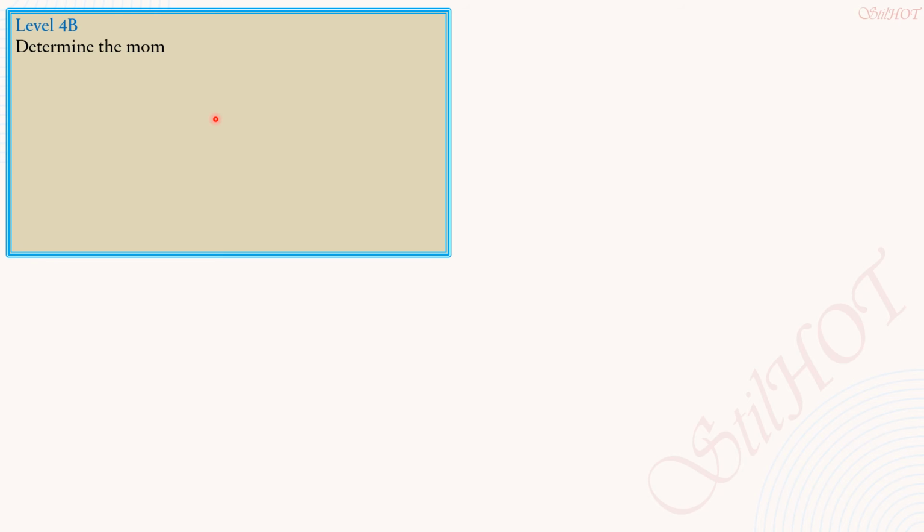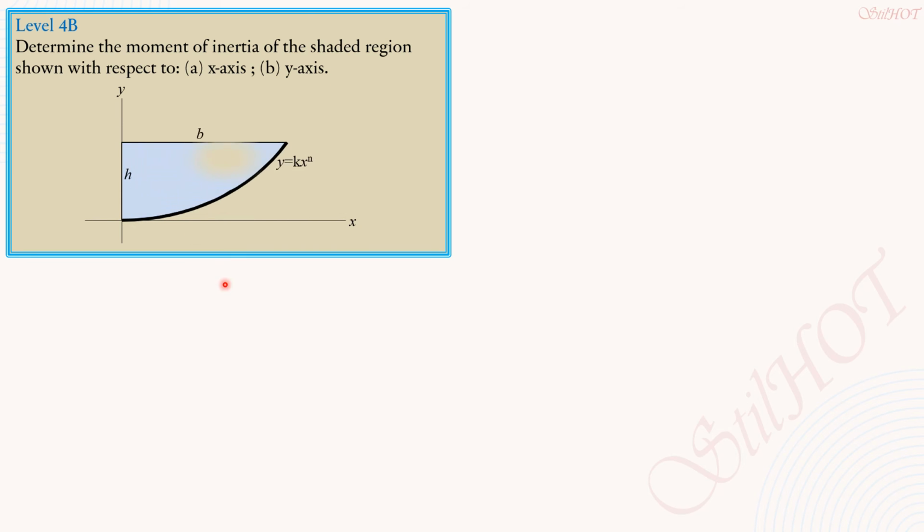Level 4B, determine the moment of inertia of the shaded region shown with respect to the x-axis and y-axis. So here is the given figure, and take note that this figure is actually a rectangle minus the figure in level 4.